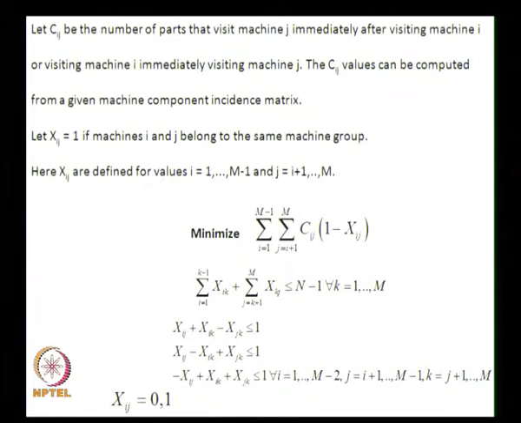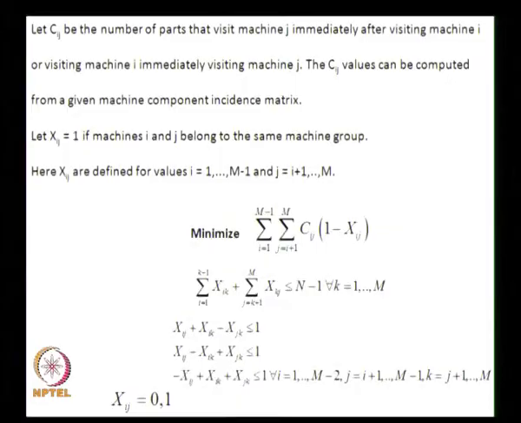The other 3 constraints will ensure that if there are 2 machines i and j that belong to the same cell and if j and k belong to the same cell, then i and k should belong to the same cell. If i and j belong to the same cell, j and k belong to different cells, then i and k should belong to different cells, and so on. So, those are taken care of by those constraints and it is a binary formulation.